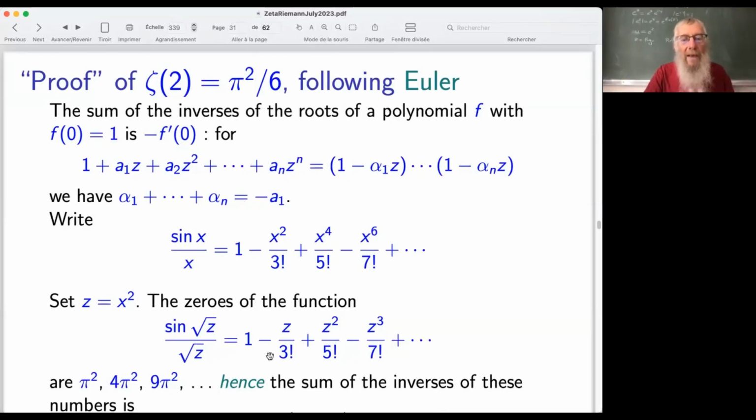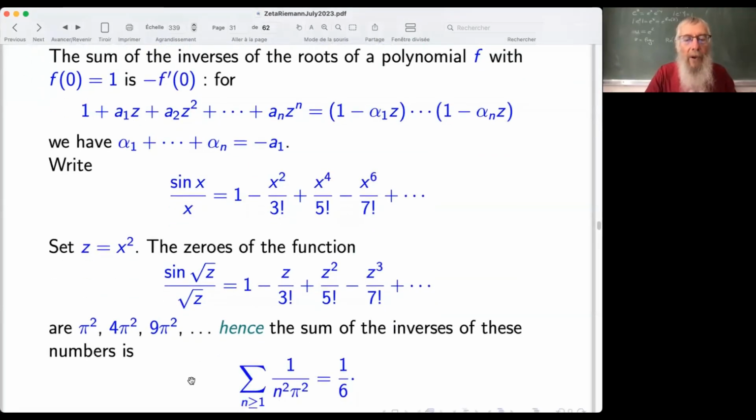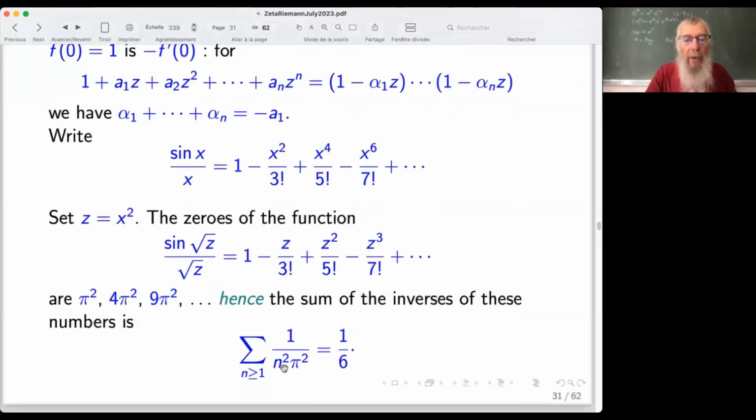And so Euler said, what is true for the polynomial should be true for this function. The sum of the inverse of the zeros is the sum of 1 over n squared pi squared, and it is minus 1 over 6. So the sum of 1 over n squared pi squared should be equal to 1 over 6. This is the sketch of proof of Euler.